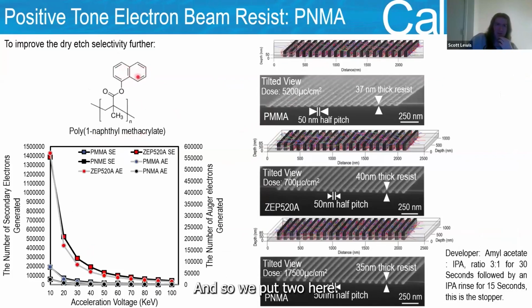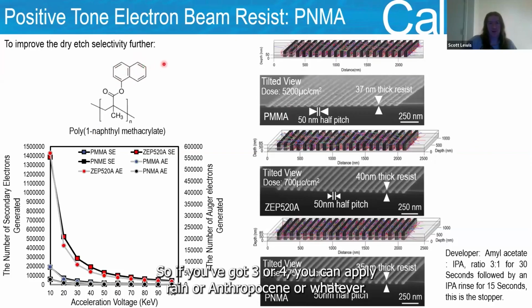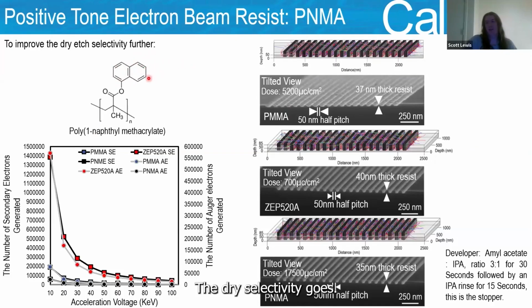So we put 2 here. It enhances the dry etch performance because the benzene rings, as you now know, take a lot of energy to smash. So if you've got 3 or 4, you can have pyrene or anthracene or whatever, the dry etch selectivity goes up. But that comes at the expense of sensitivity, as you can see here.